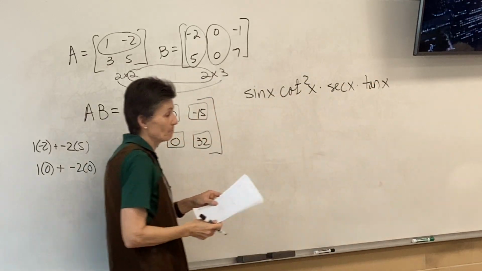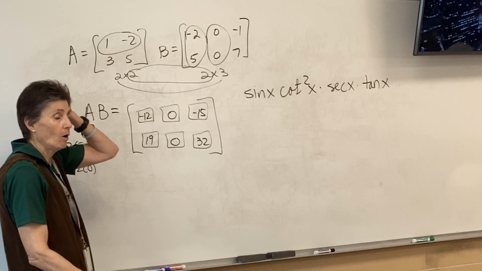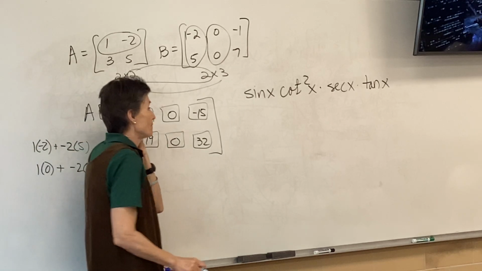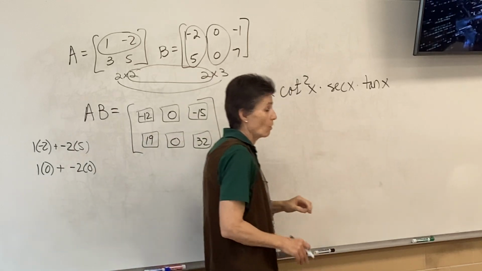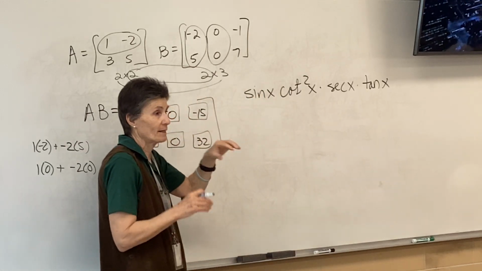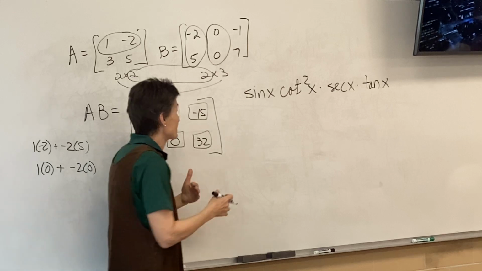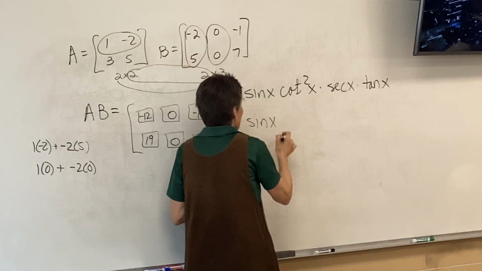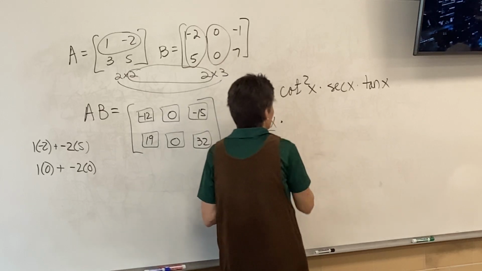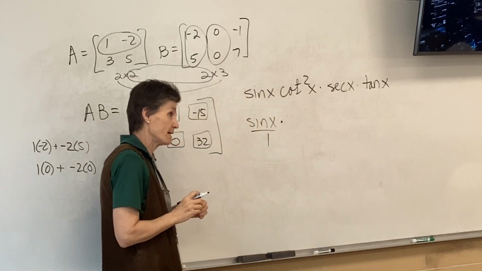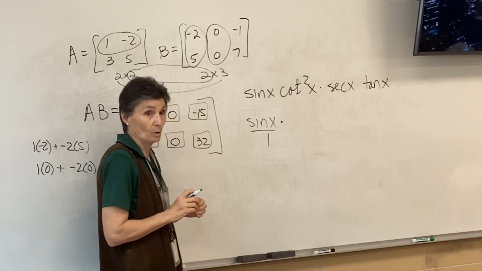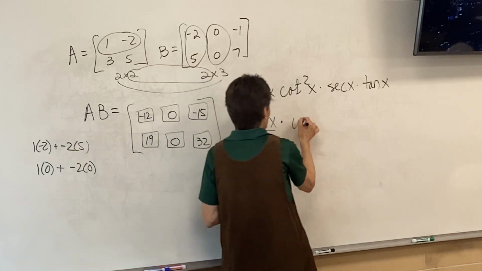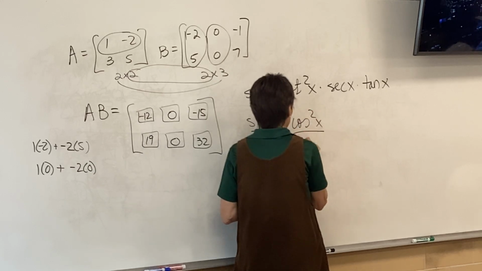Alright, so we're gonna simplify this. Now remember, on your reference sheet, a lot of this is on there, not that problem, but a lot of the definitions. So in other words, on the sheet, you will see that tangent is sine over cosine. So then you need to just remember cotangent is cosine over sine.